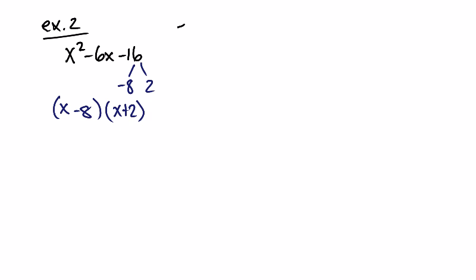The last example I'll do is when both numbers are negative, just so that you can see when that would occur. It would look like this: x squared minus 8x plus 12.